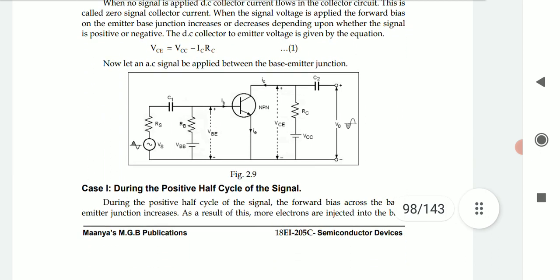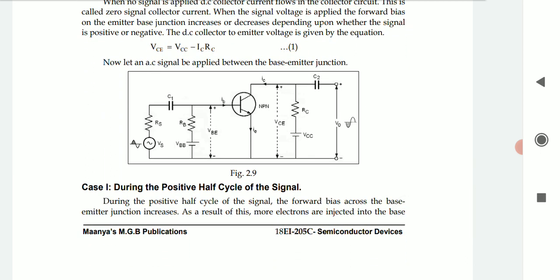Okay, this is the common emitter configuration circuit diagram. As we discussed in the previous sections, that is the common emitter configuration basic circuit diagram, except that here some resistances and capacitors are connected. Remaining all are the same.